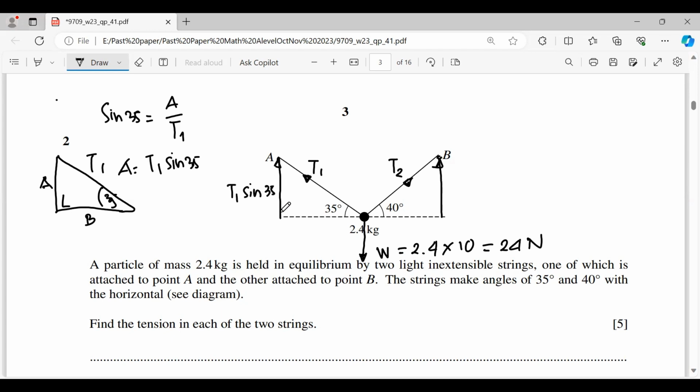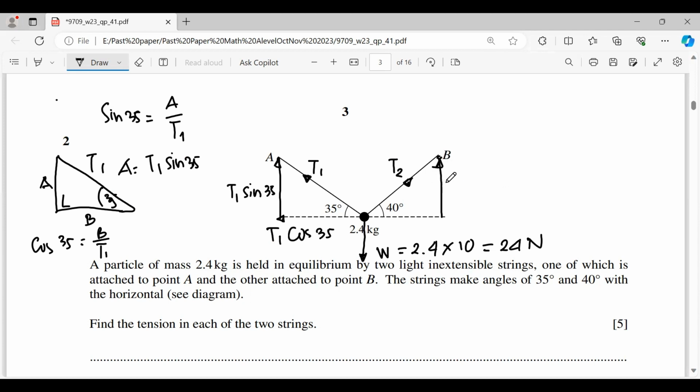How about this? B over T1 equals cosine 35. With the same procedure, we can state that this force to the left is T1 cosine 35.